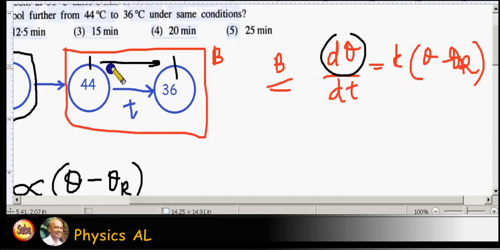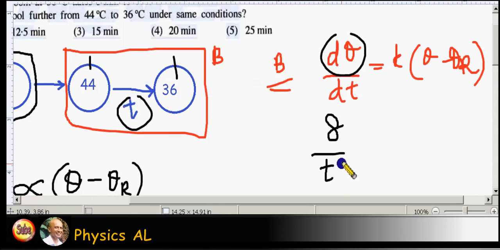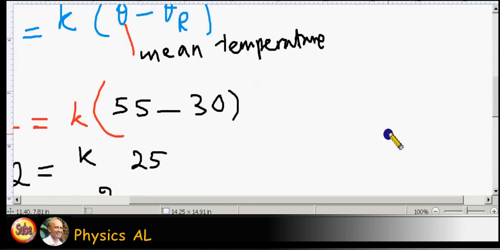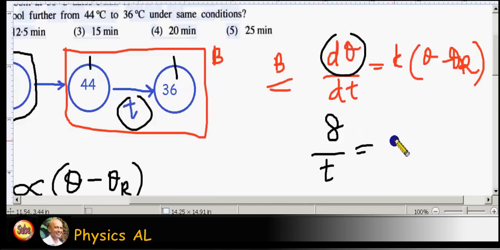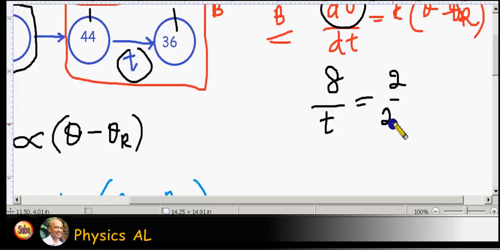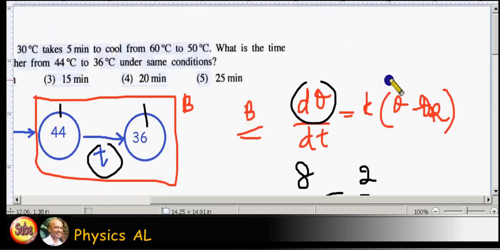That is d theta. 36, 40, 44, 8 degrees. Divide by dt. What is it? Time. Time we don't know. That is what we have to find. Just we write it as it is. Then k we know, 2 by 25. Then theta is the big thing. You have to find it.